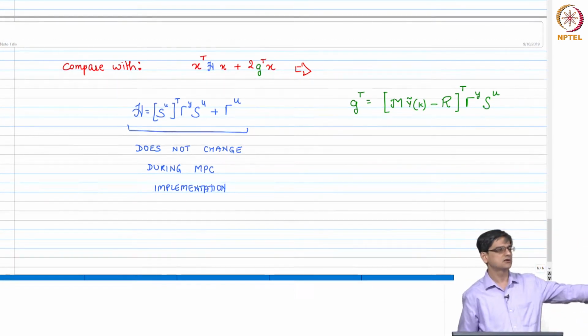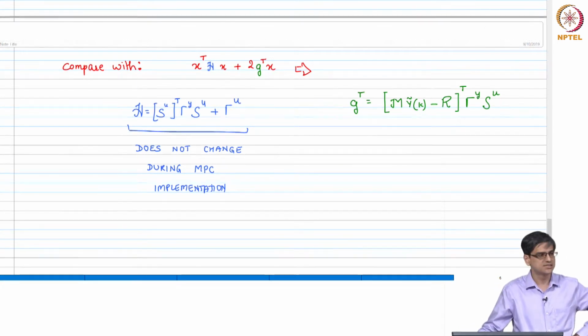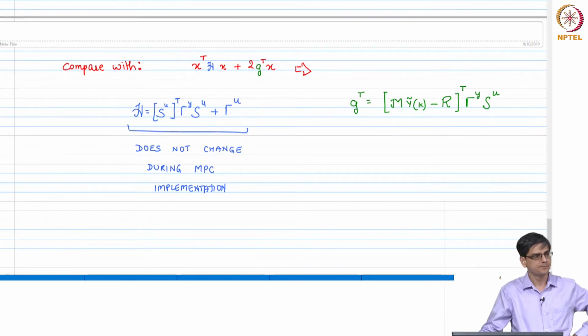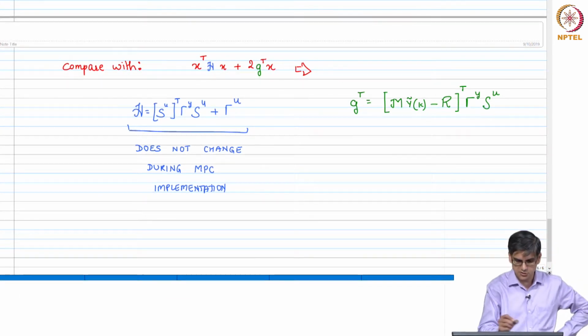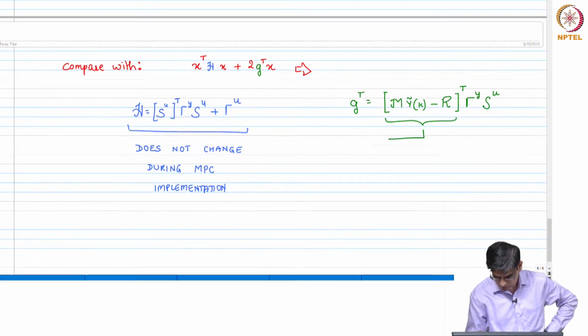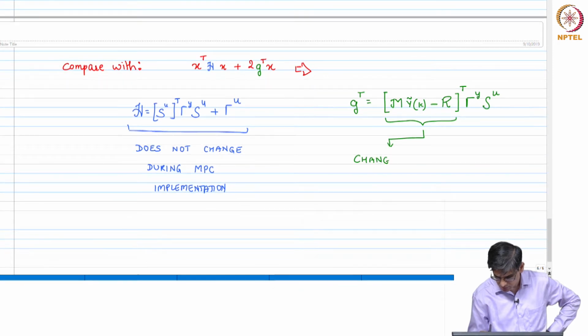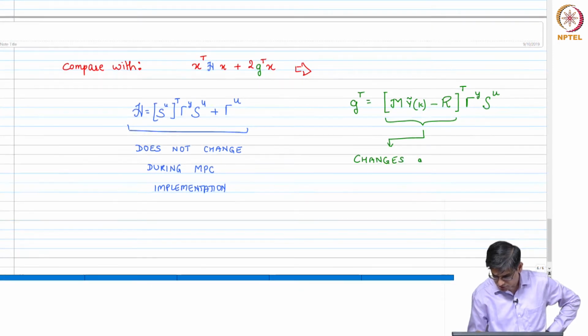Okay. So, you start right now, you come back 15 days later, your Hessian is still the same. When it comes to your gradient, this part changes at each k.